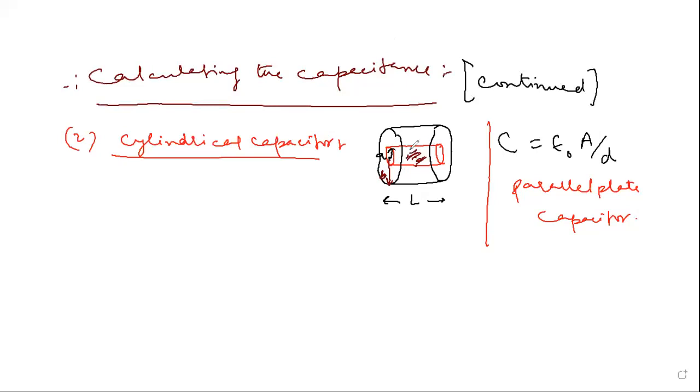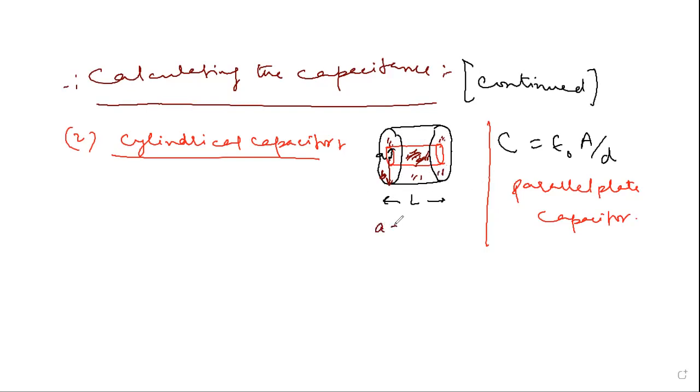So in case of cylindrical capacitor, we have a solid cylinder with radius A and length L. Then it is coaxial with another cylindrical shell with radius B and length L. And there is empty space between the two cylinders, right?